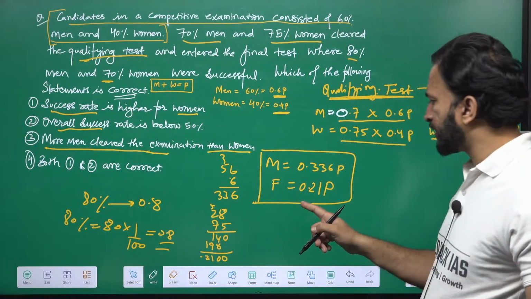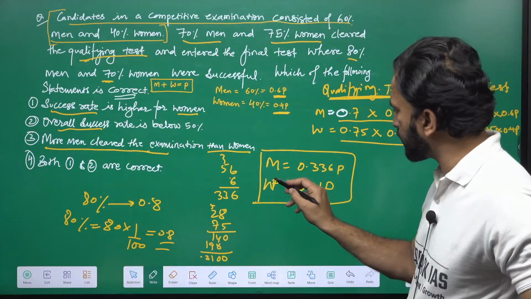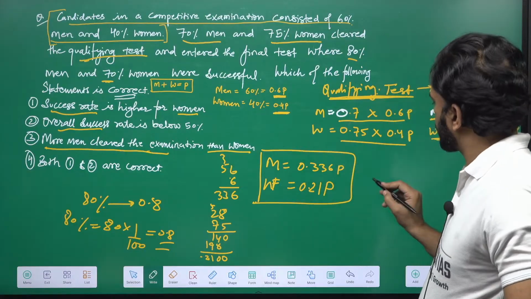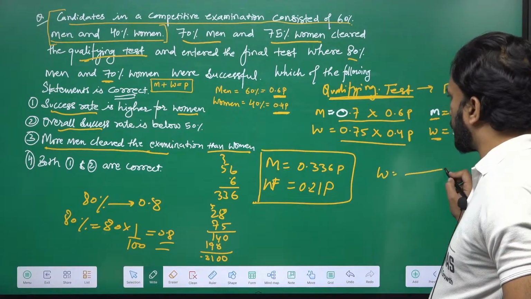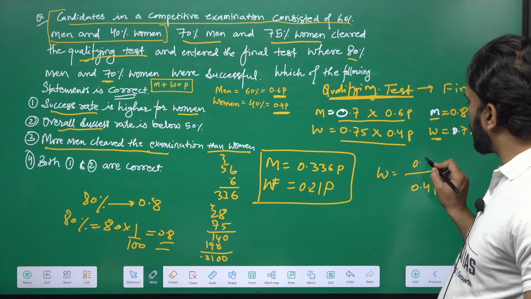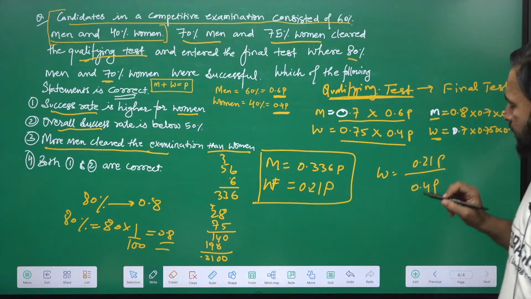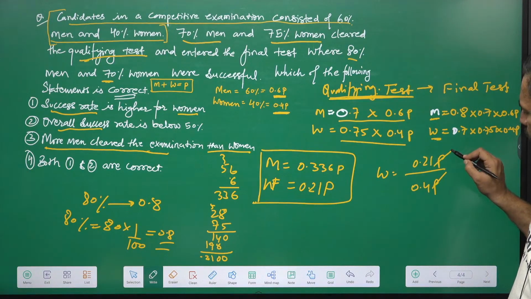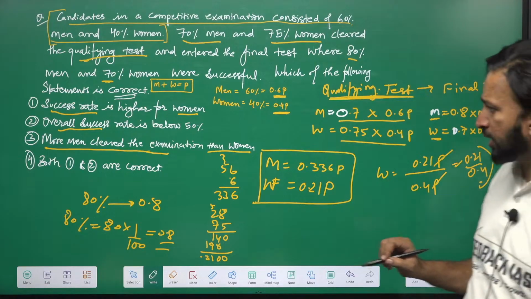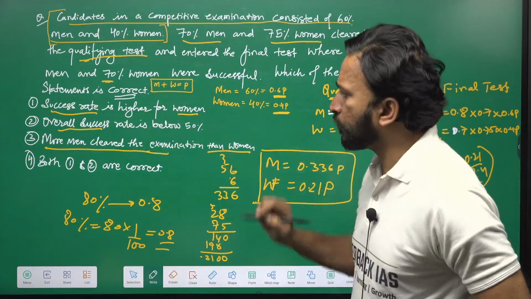So how we will calculate the success rate of women? Out of total women, that is 0.4P, only 0.21P qualified. So P and P cancelled out. So 0.21 divided by 0.4. This number can be calculated easily. That will be the success rate of women.